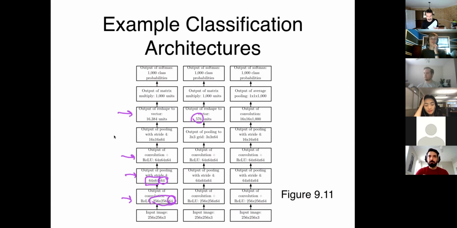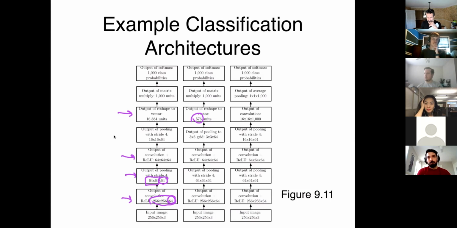So think about this as a feature vector or feature maps that you produce, and then you do a fully connected layer on top of this for classification.